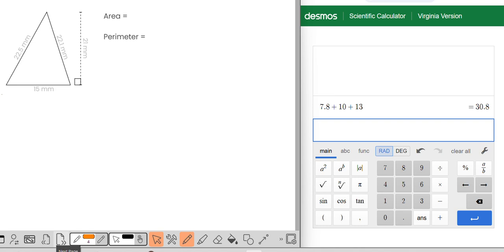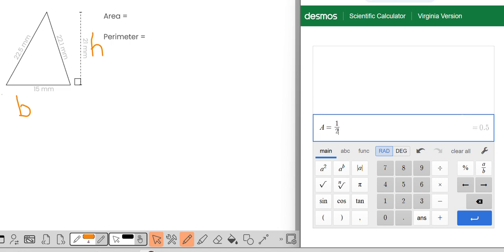Now we've got one more, and this one has the height on the outside. Remember, an imaginary line that's just measuring your height. The right angle is down here at the bottom, so this is your base. Okay, so again, let's put in the formula. A equals 1/2 base times height.